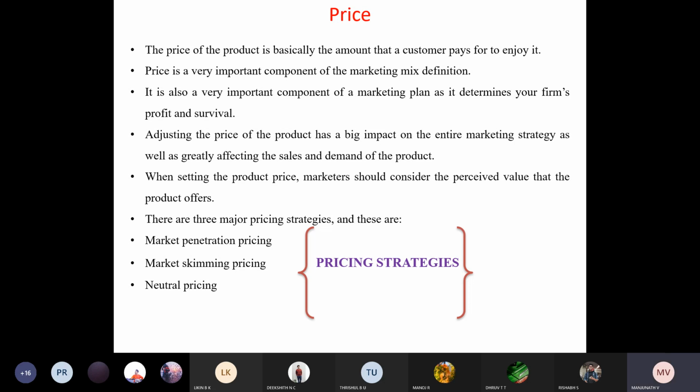Give me some examples of the same kind. These are some of the companies that have realized the greater potential for their products with the help of this low price strategy. Low price, high quality.